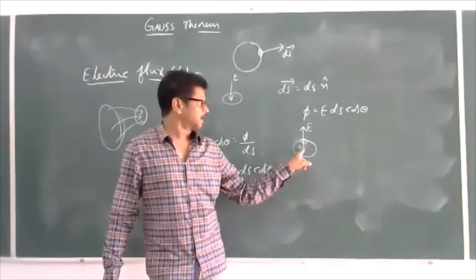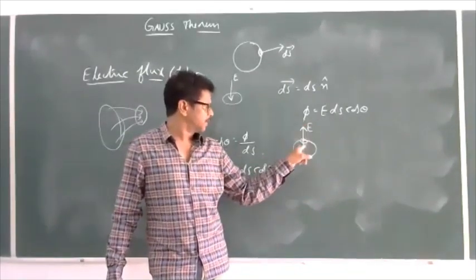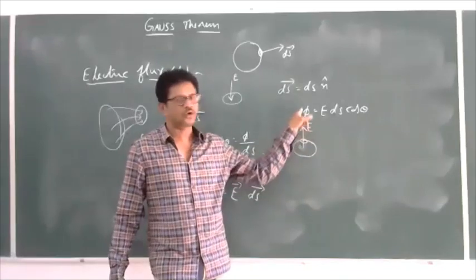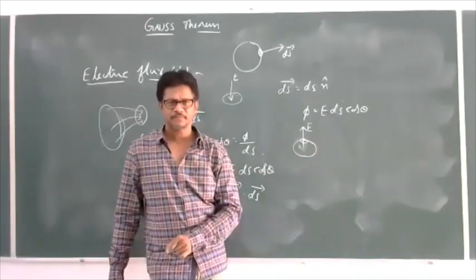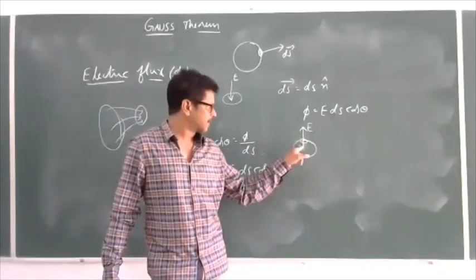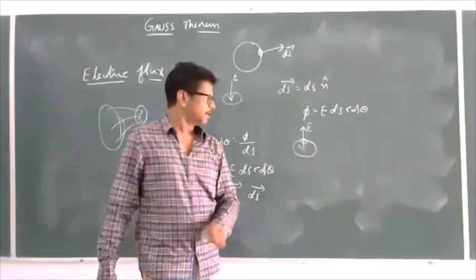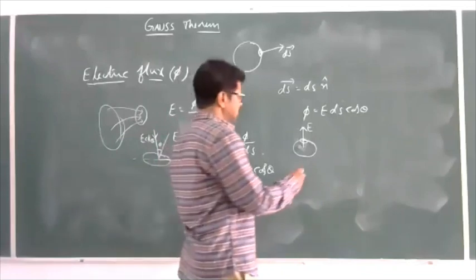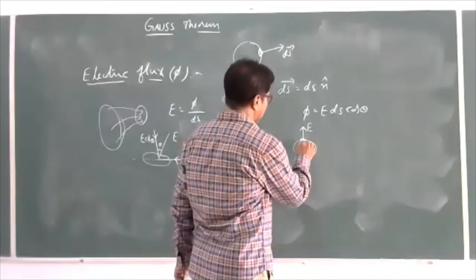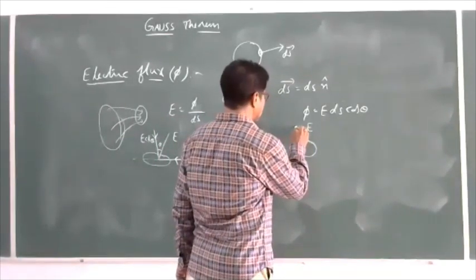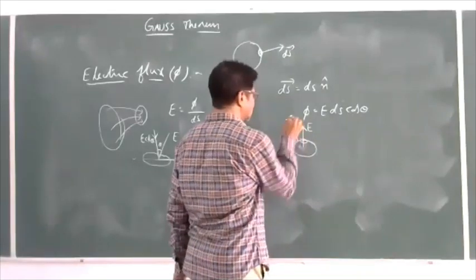So, electric field is outwards is nothing but the electric lines of force are outwards. So that is nothing but the flux is outwards now. Now as we know, what is the direction of the areal vector? The areal vector will also be outwards, normal.